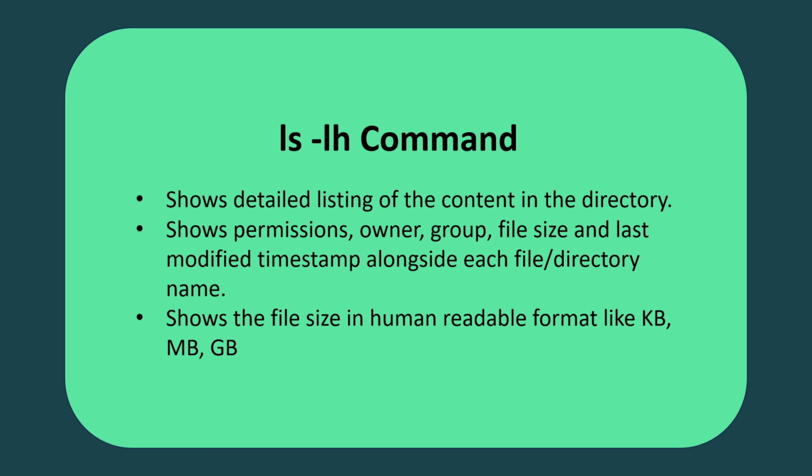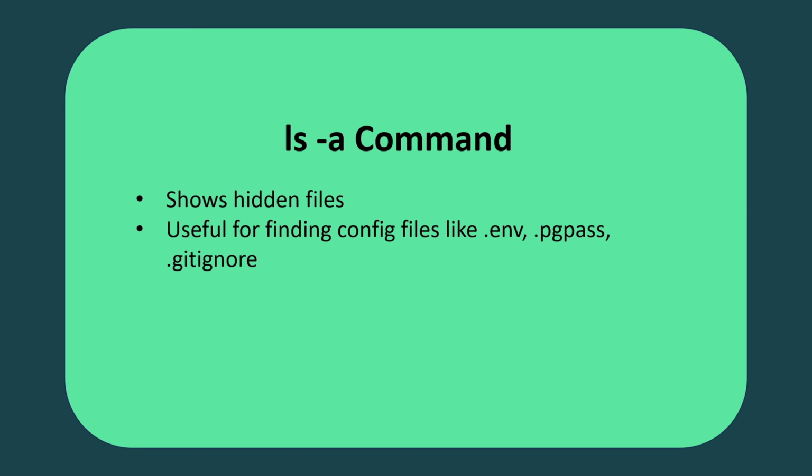It gives you the same information, except one thing that is different here. The size of the file that we will get in this case will be in a human readable format like KB, MB, and GB. So it becomes easier for us to find out what is the particular size of this file. Otherwise, with ls -l, we usually get the size in bytes.